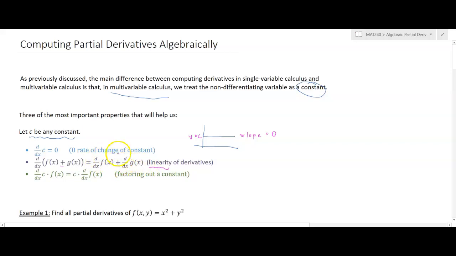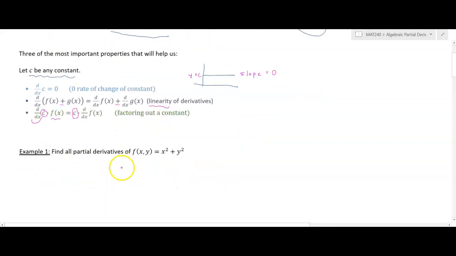Another useful property is that if we have the derivative of some function f of x multiplied by a constant, we can factor that constant out, take the derivative of the existing function, and then multiply that constant back in. This will help us, as we don't really need any other properties at the moment.